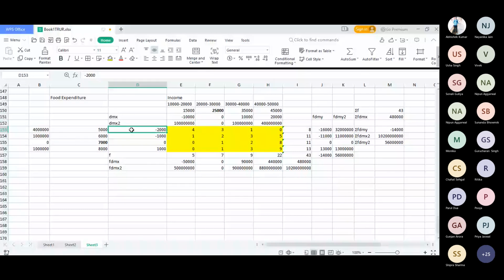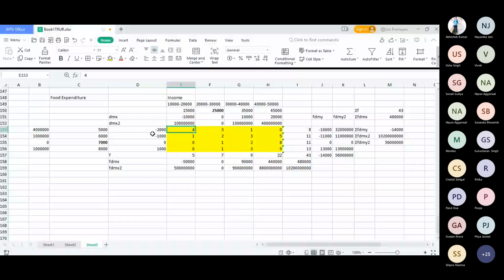In the same way, you have to calculate all these values individually for all the cells. So for that, we can calculate like 4 into minus 2 into minus 10.